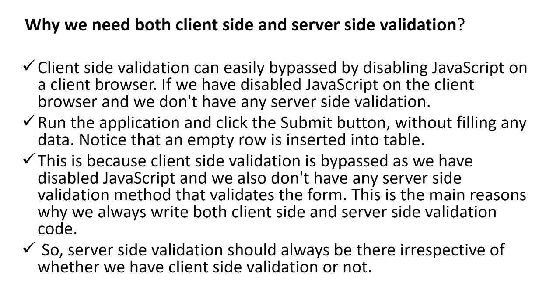This is because client-side validation is bypassed as we have disabled JavaScript, and we also don't have any server-side method that validates the form. This is the main reason why we always write both client-side and server-side validation code. Server-side validation should always be there, irrespective of whether we have client-side validation or not.